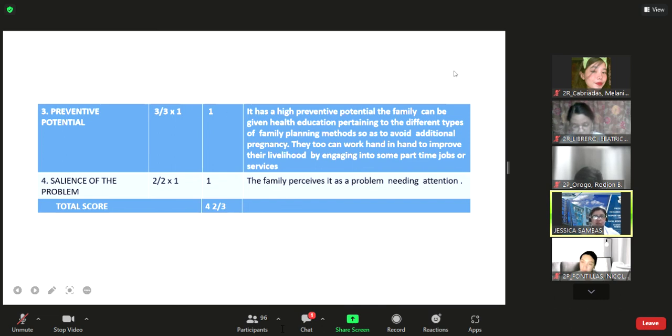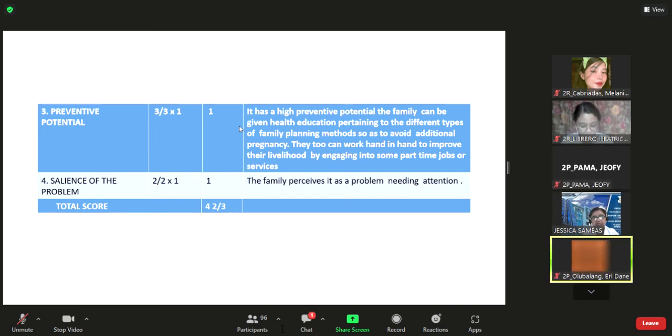Questions so far, students, regarding this one? Don't forget the factors that can help you determine the score you will give for preventive potential and modifiability of the problem. Okay? It seems no one is reacting. Are you okay, students?